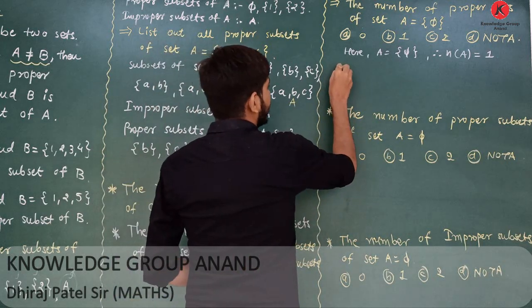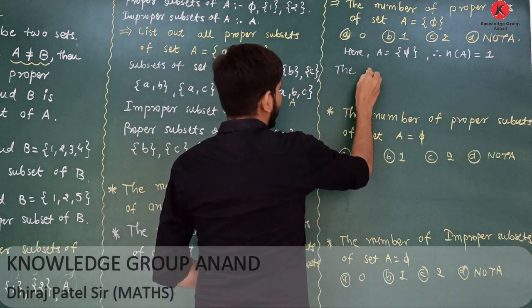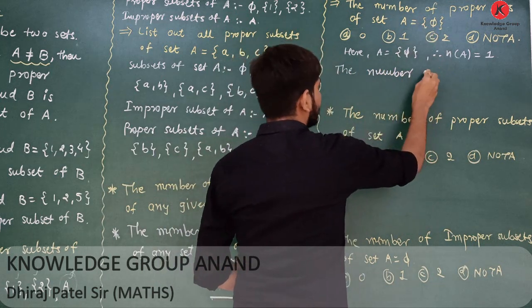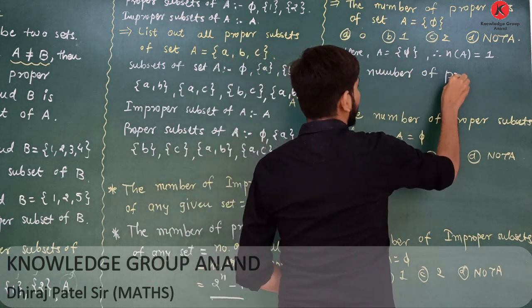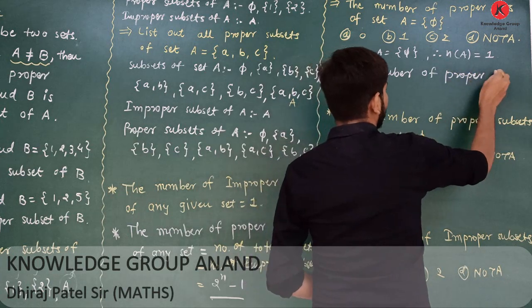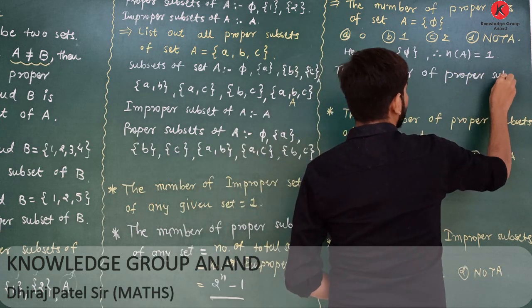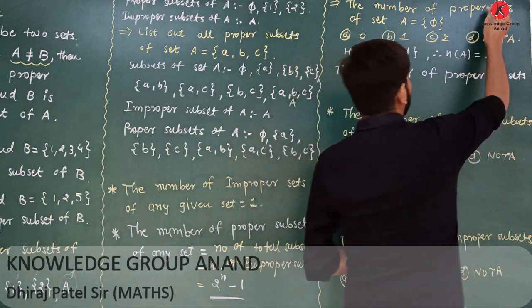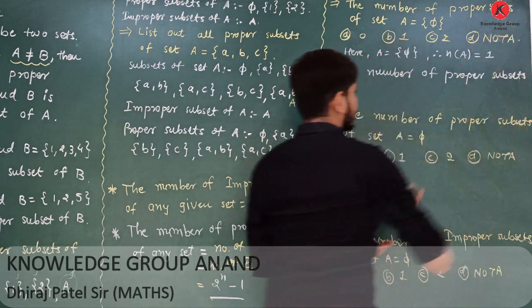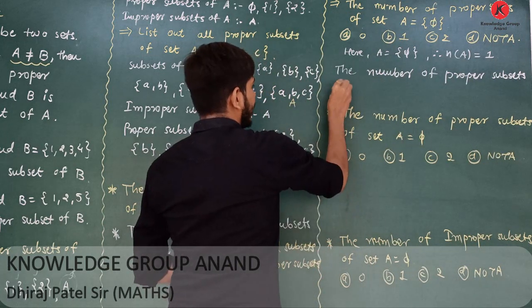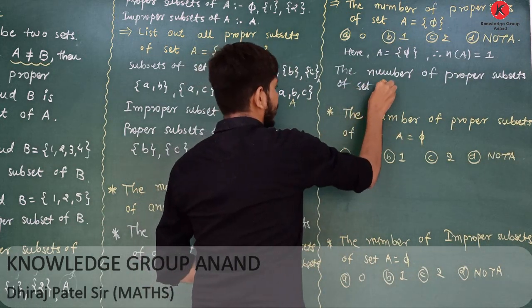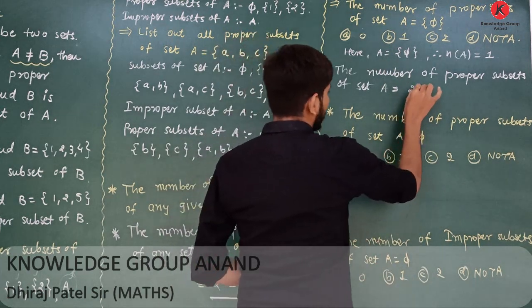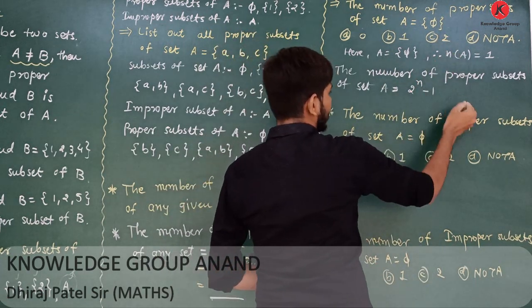By using the formula we can calculate the number of proper subsets of set A. The formula is 2 raised to n minus 1.